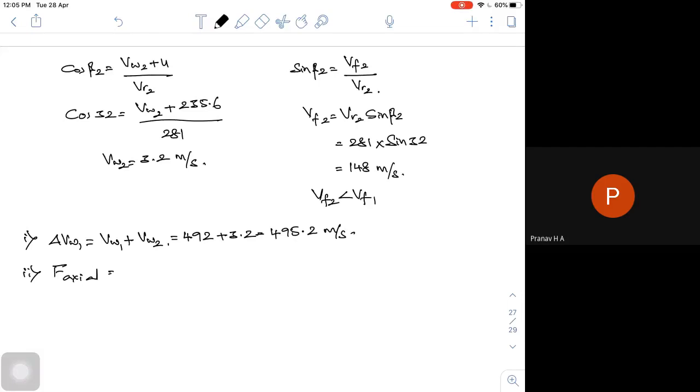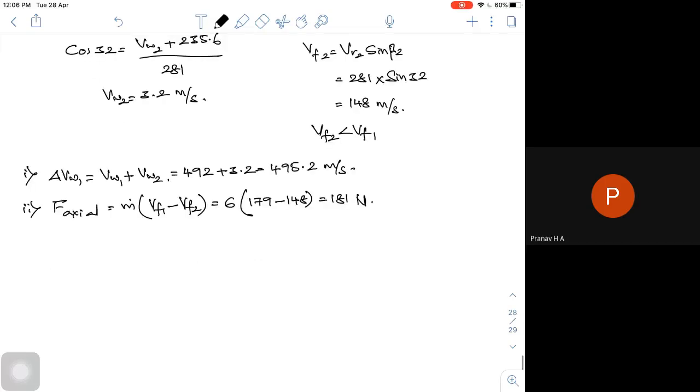So the axial force is m dot into (Vf1 minus Vf2). So m dot is 6 into (179 minus 148). This comes to around 181 Newton.